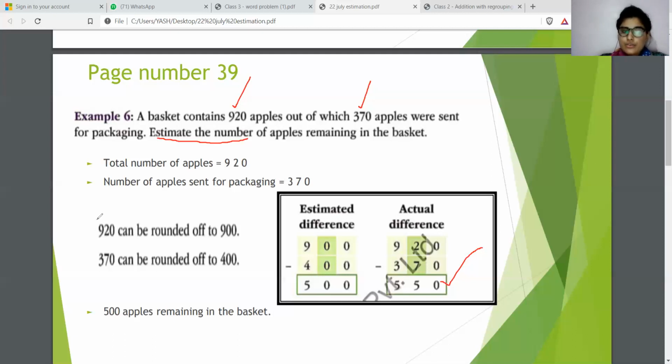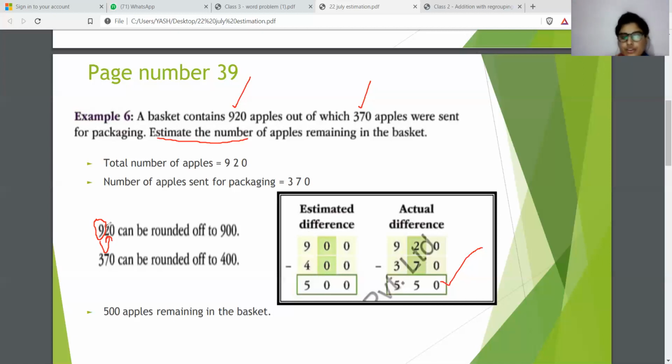First we will highlight the hundreds place, that is 9. Then we will see the tens place, that is 2. Is 2 greater than 4 or less than 4? 2 is less than 4. So we will not change 9. We will write 9 as it is. So 900 is the round off of 920.